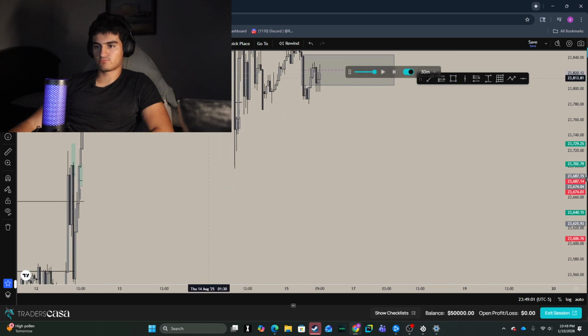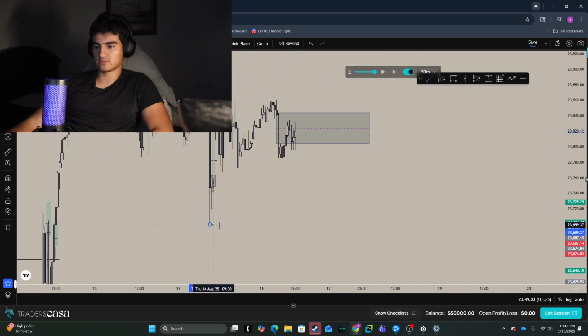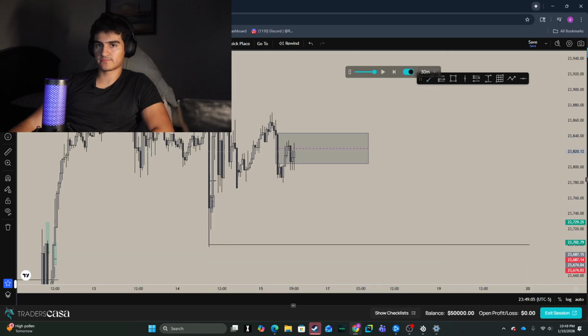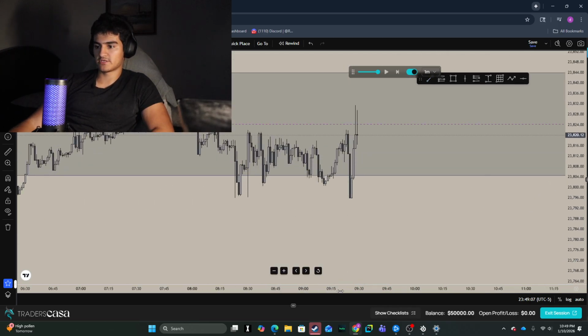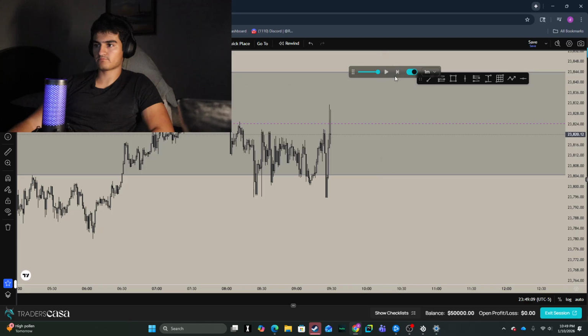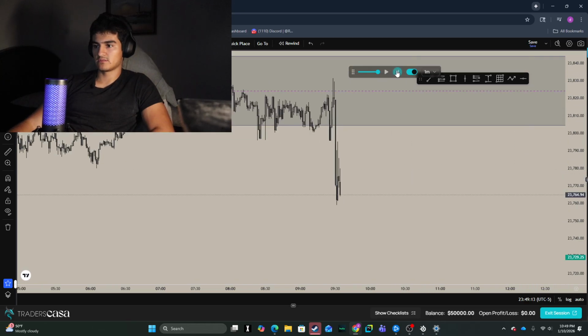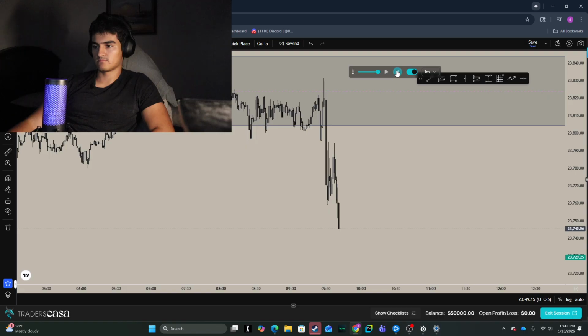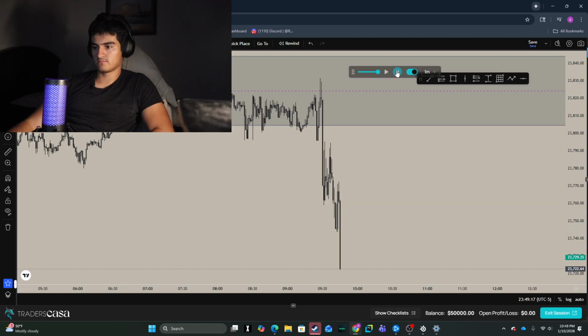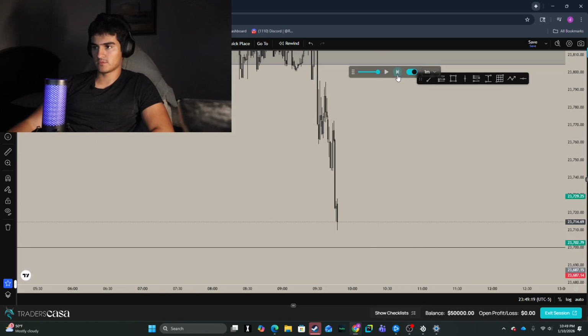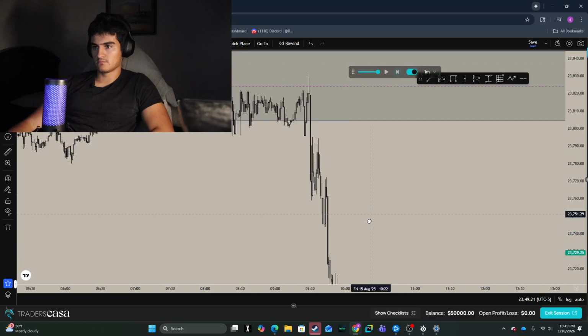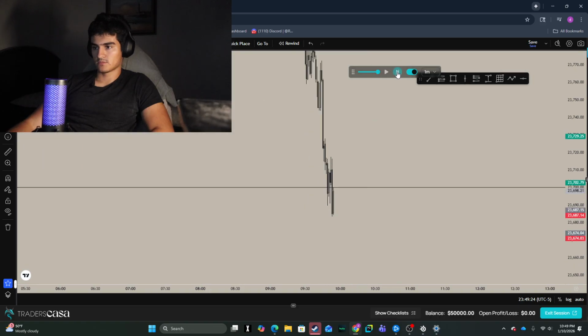So I guess shorts would be nice till right here, to those lows. Let's see what we have. Immediate reaction down. Lower, lower, and lower.